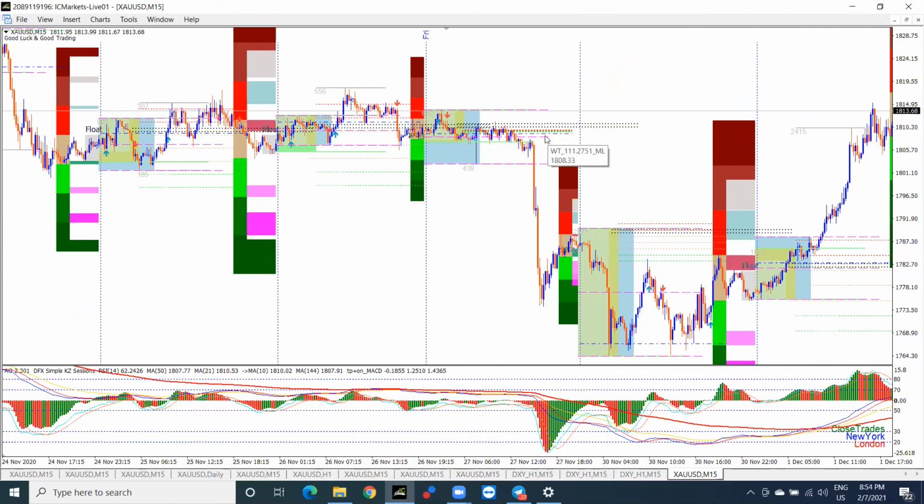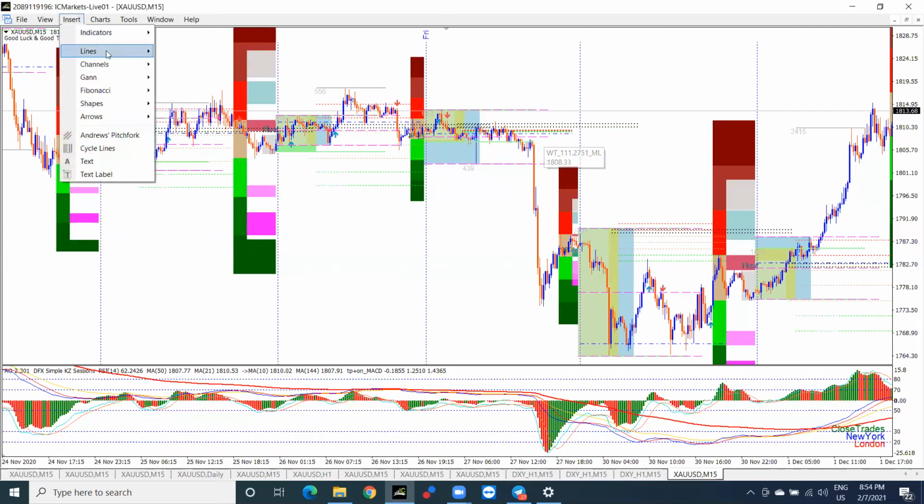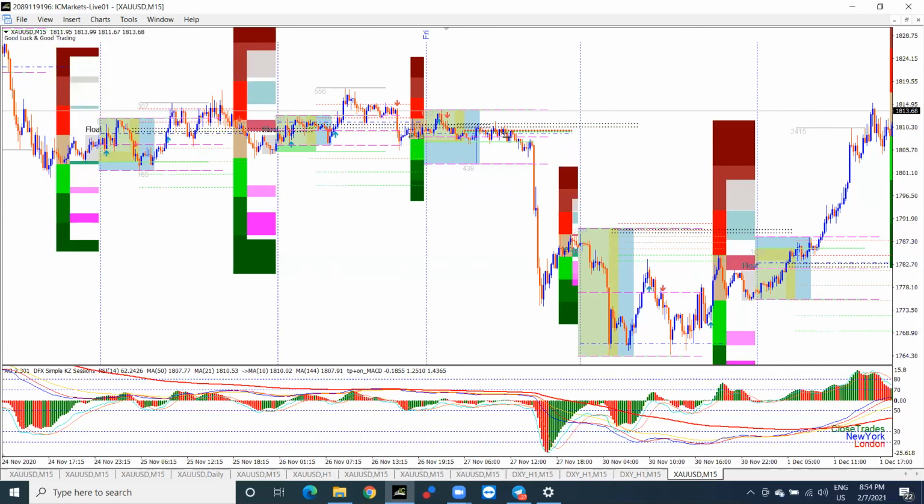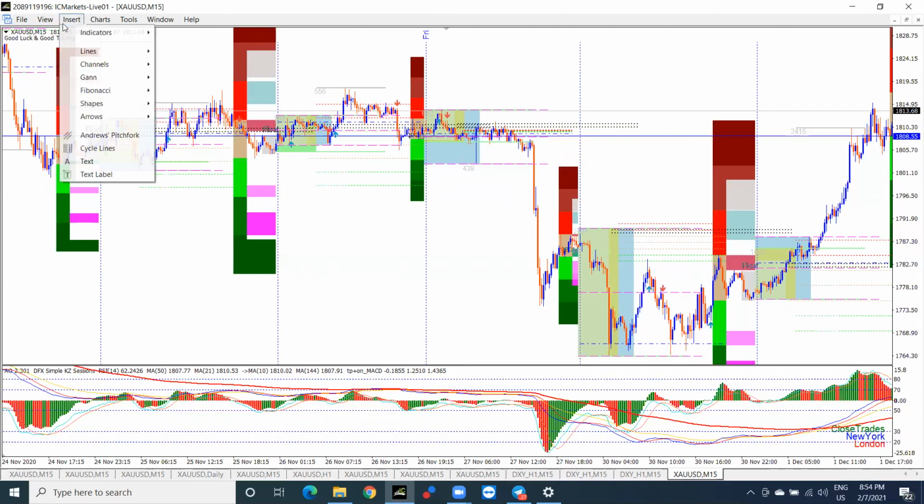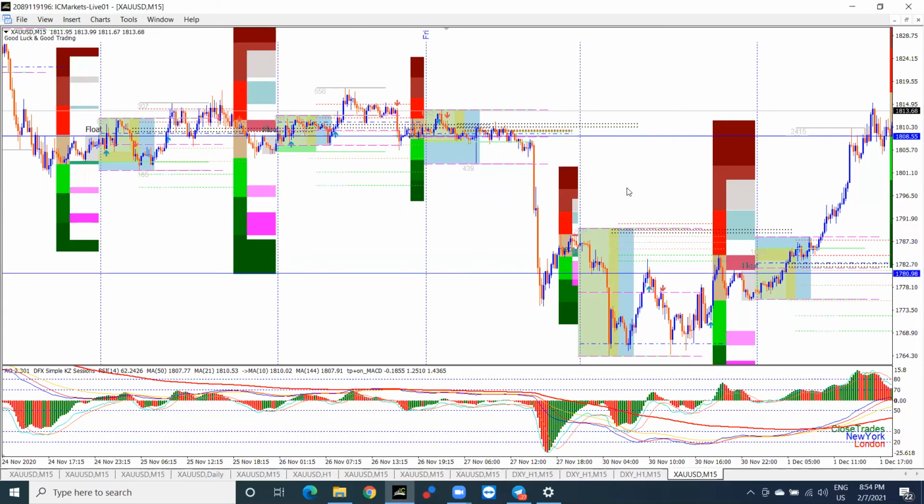Everything is met here, and we will open our trade somewhere here, and our target is here. Bam. How many pips is this? 270 pips. This is it.